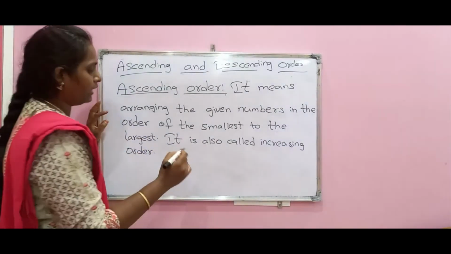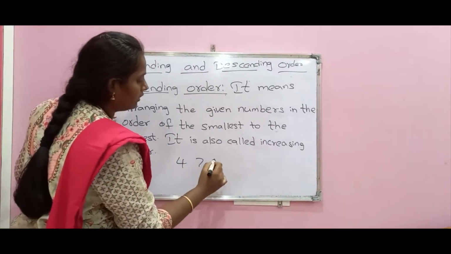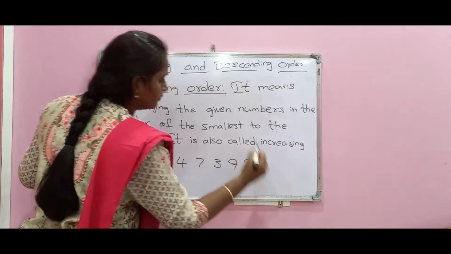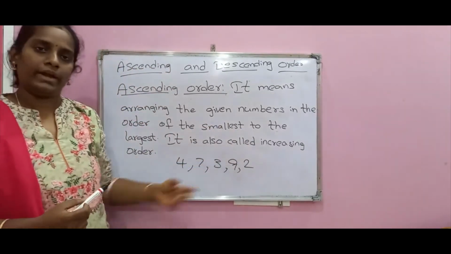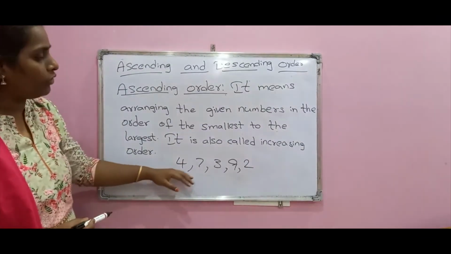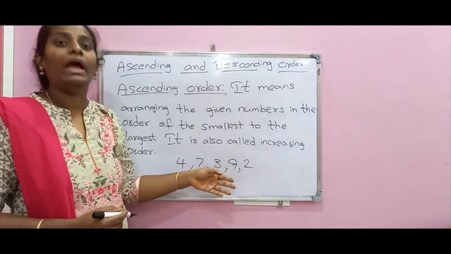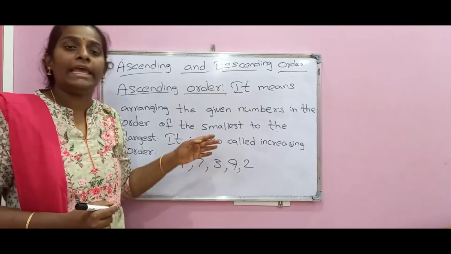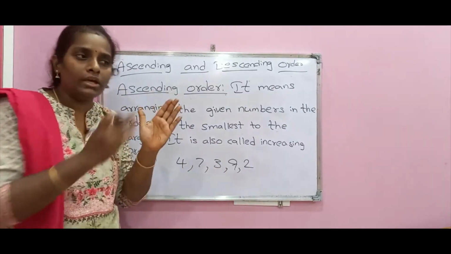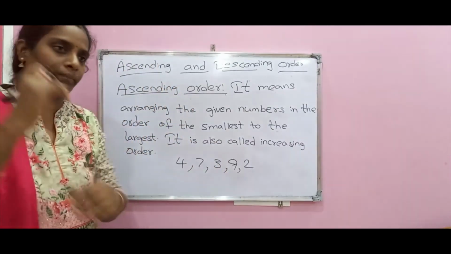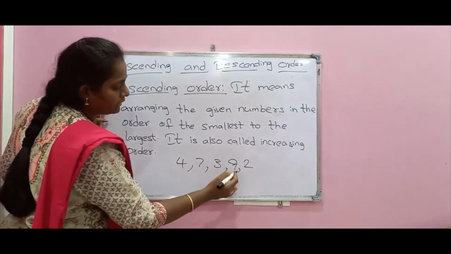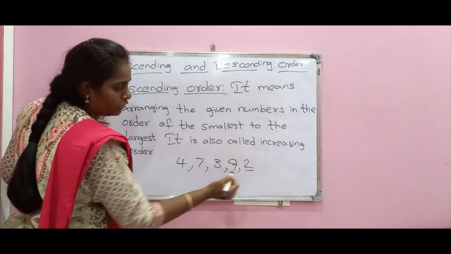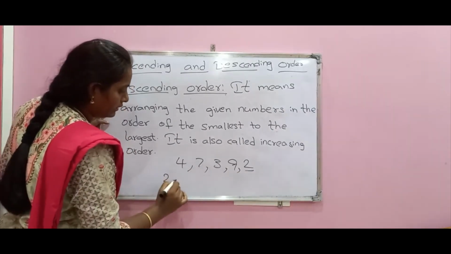If suppose they give 4 7 3 9 2, they give 5 numbers. We have to arrange these numbers into the ascending order. It means increasing order. So which is the smallest number in these digits? 2. After that 3.